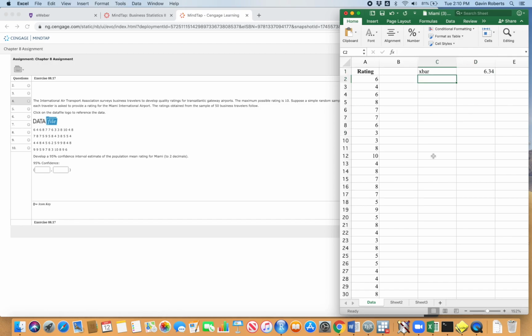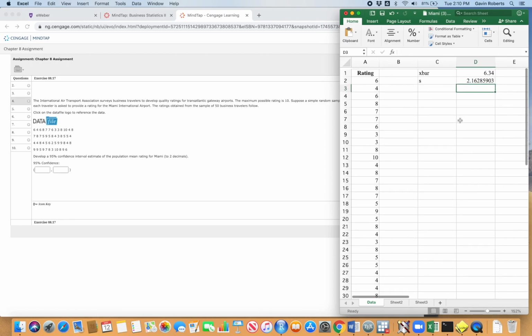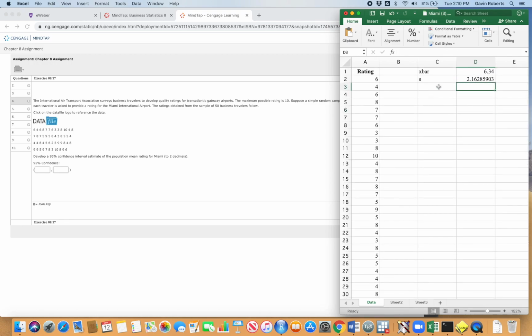Let's figure out S. We don't know the population standard deviation in this problem. So we need to use the sample standard deviation equals stdev.s for sample. Click it, Shift, Control, down arrow, or Shift, Command, down arrow if you're on a Mac like me.